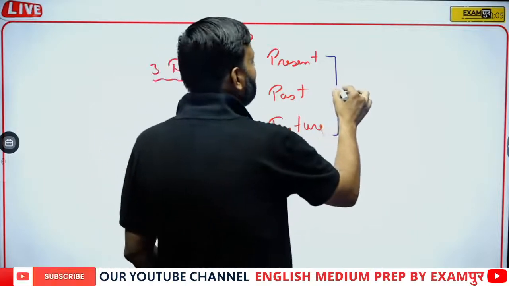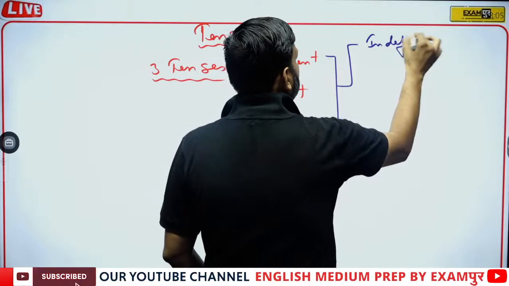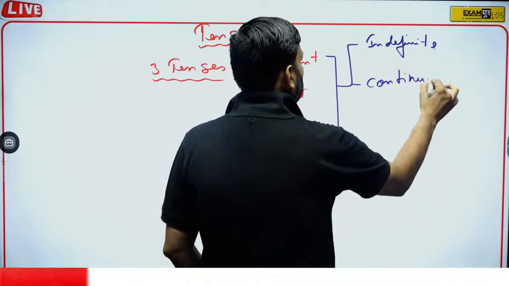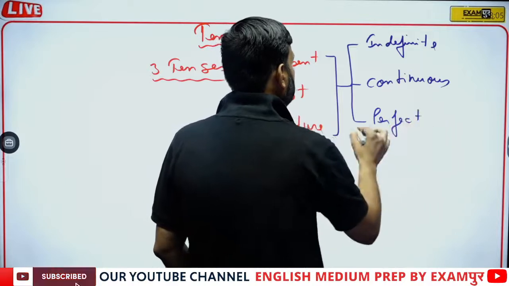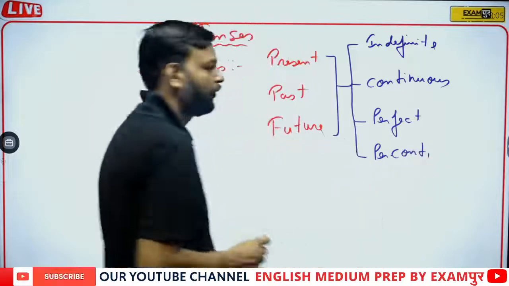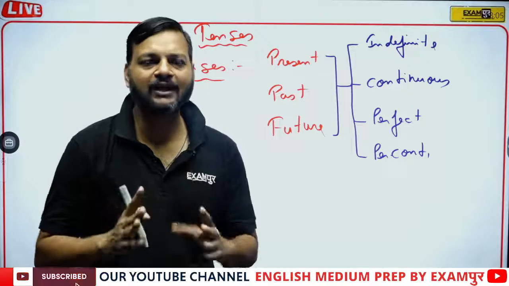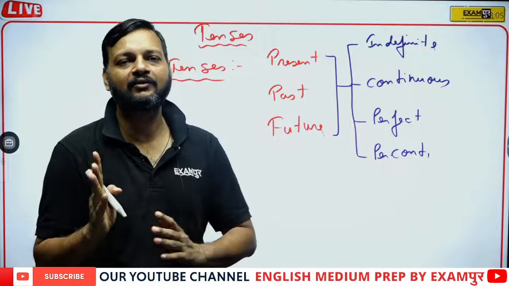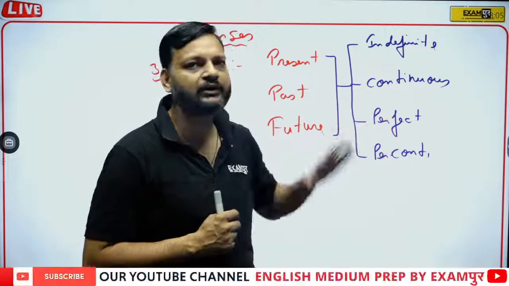Those 4 subcategories are indefinite, continuous, perfect and perfect continuous.